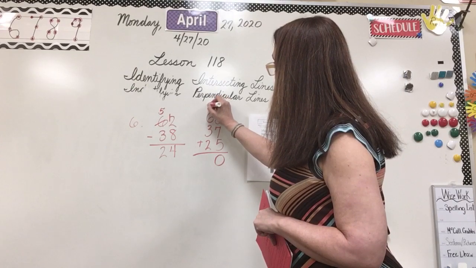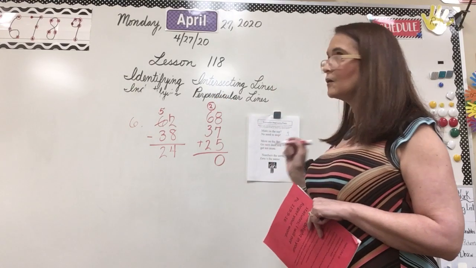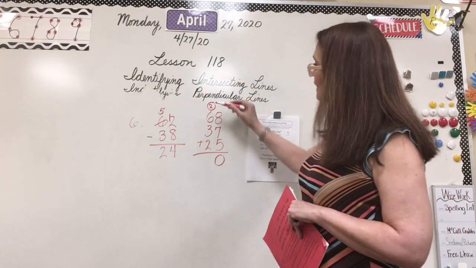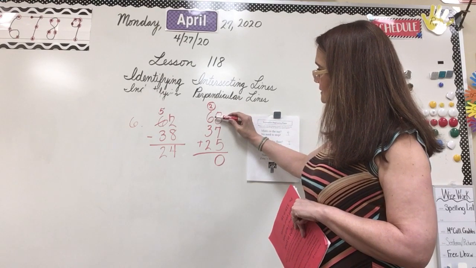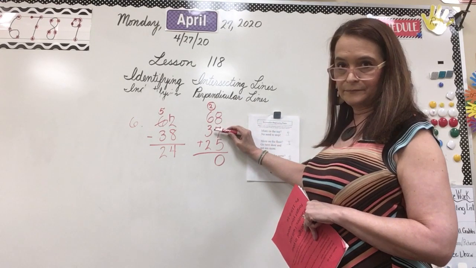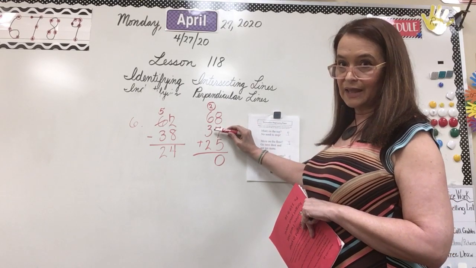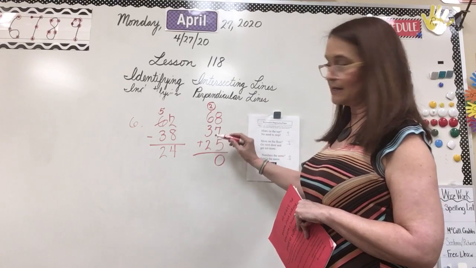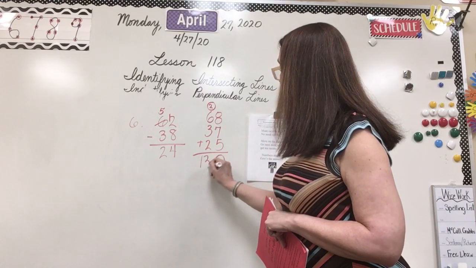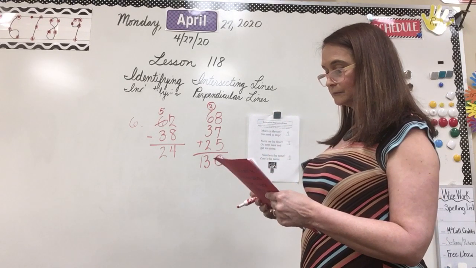You carry this 2 and circle it because we don't want to forget we have to add it. 2 plus 6 is 8. 8 plus 3? 9, 10, 11. Plus 2? 12. 13. 130 is my answer there.